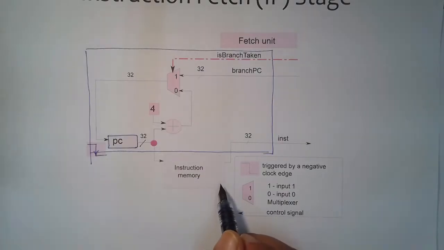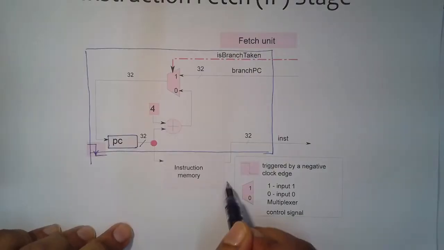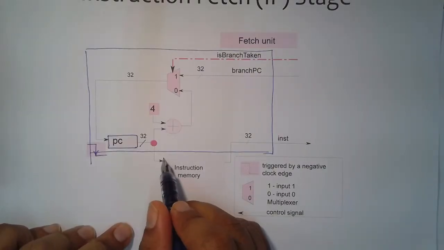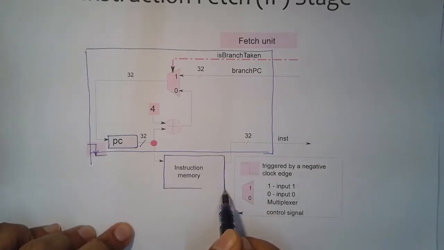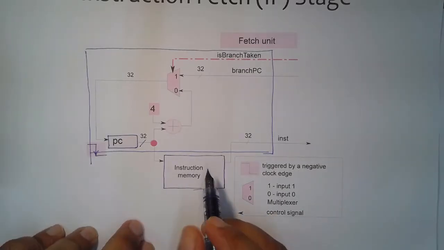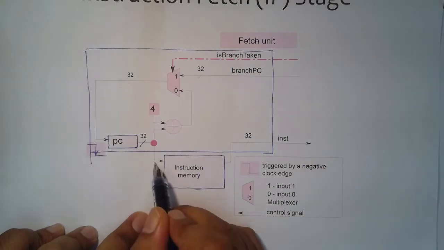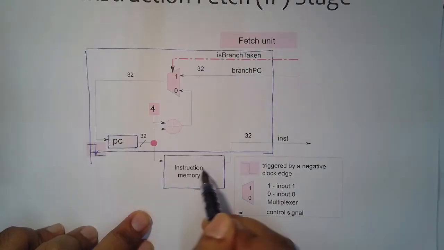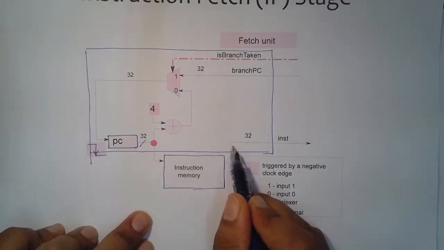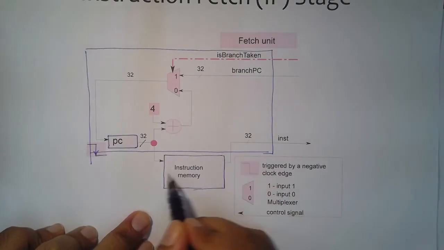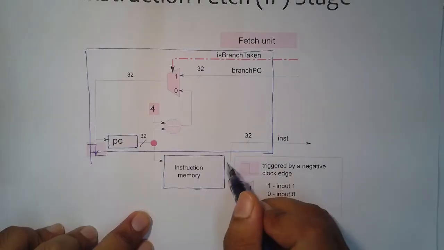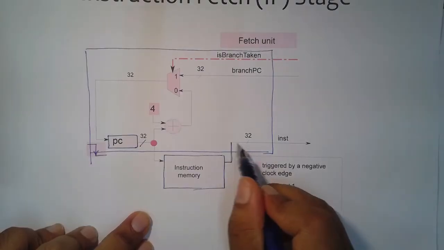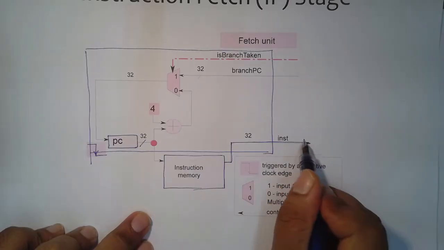We have not discussed memory yet, so we will treat it as a black box. This is our instruction memory, and we will come to it in a later part of the course. Depending on this address, I will read some location and get a 32-bit instruction, and that will be passed from the instruction memory as my instruction.